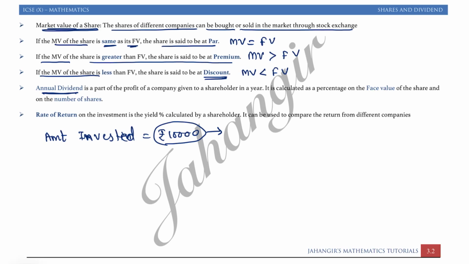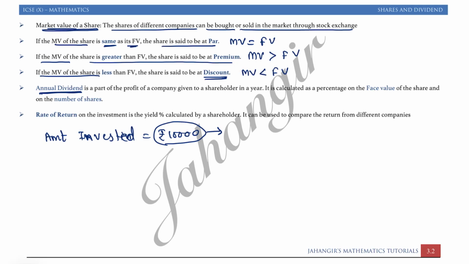To get some profit periodically. That profit the company gives us in the form of dividend, which is the annual income of the shareholder. We people are the shareholders. The businessman is the owner of the company. The businessman makes a profit and distributes part of the profit among the shareholders in the form of dividend, and this dividend is calculated as a percentage on the face value.